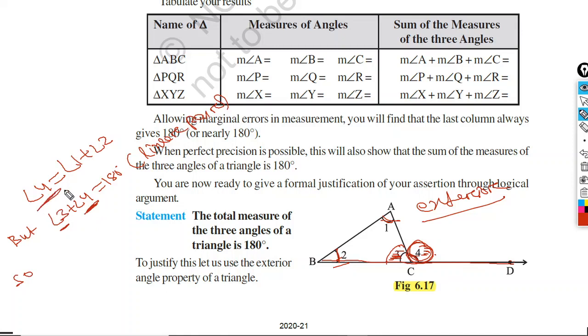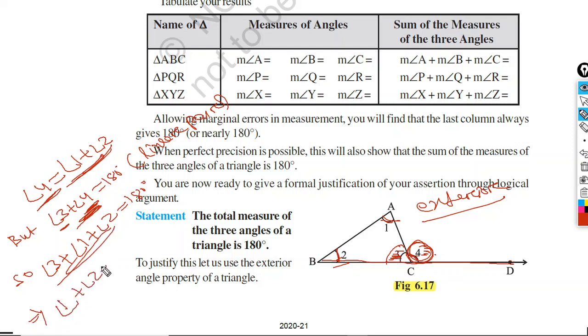Here you see angle 4 is equal to angle 1 plus angle 2. So we can write angle 3 plus, in place of angle 4, we will write angle 1 plus angle 2, equal to 180 degrees. In other words, you can just rearrange them: angle 1 plus angle 2 plus angle 3 is equal to 180 degrees.